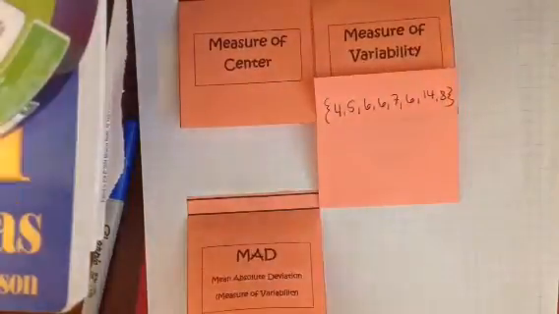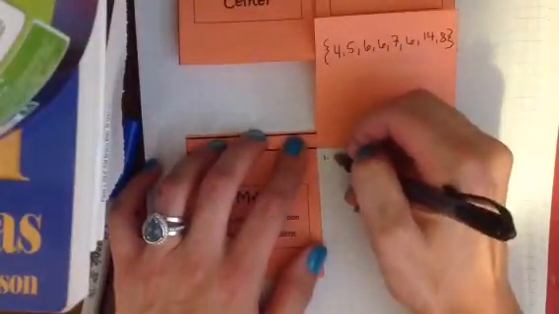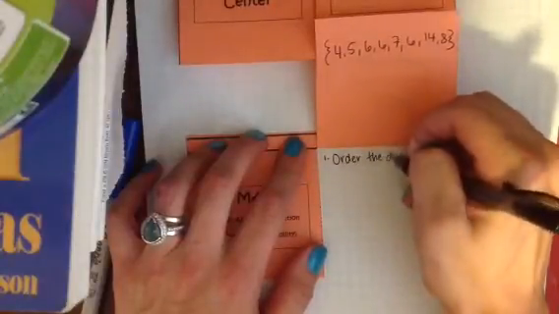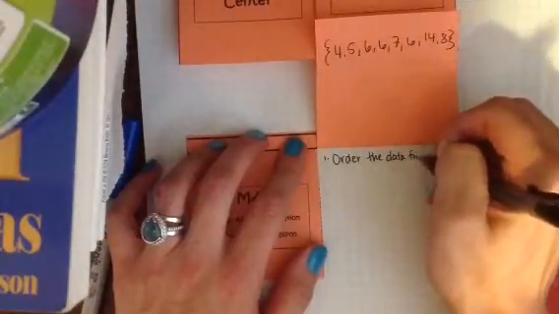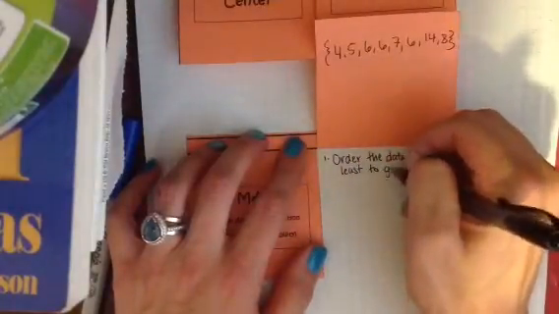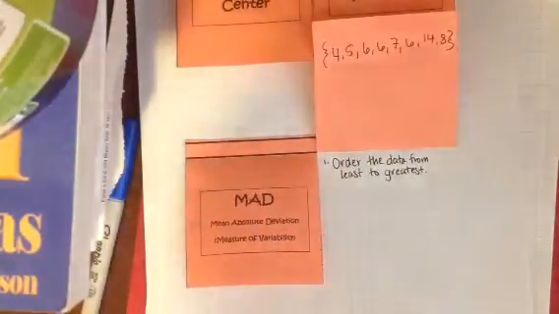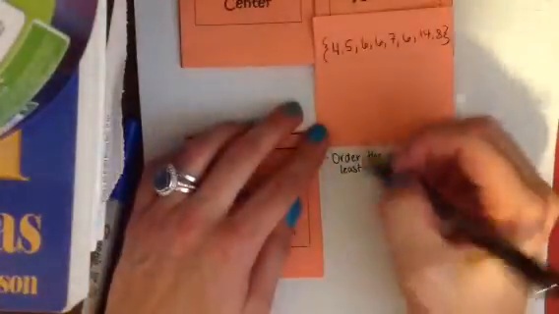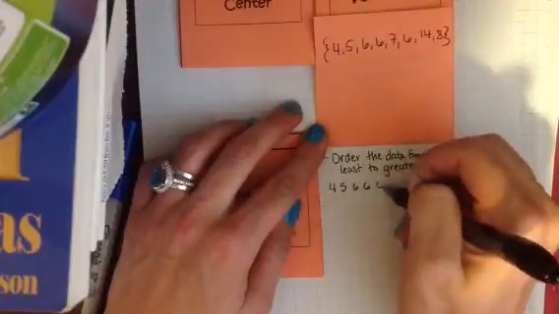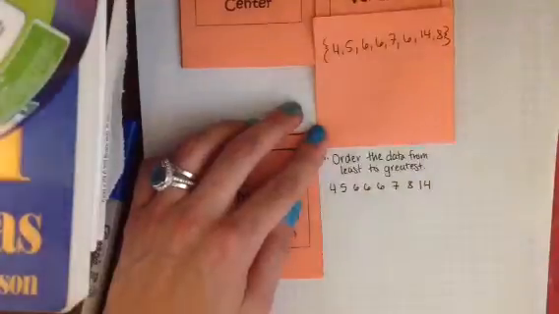Okay, so our first step is going to be to order the data from least to greatest. So I'm going to go ahead and reorder my data. It will be 4, 5, 6, 6, 6, 7, 8, and 14.